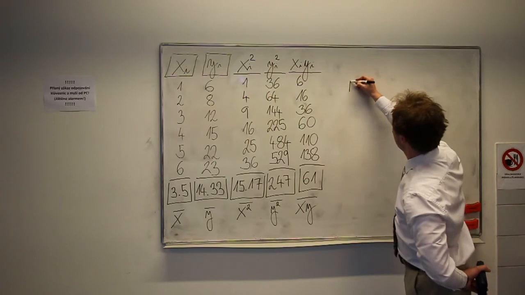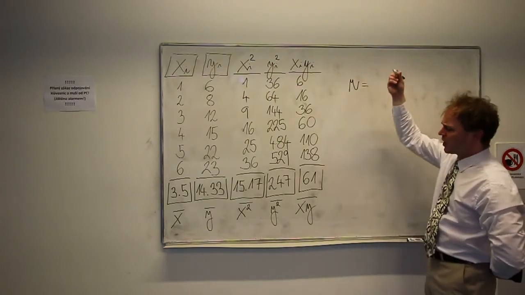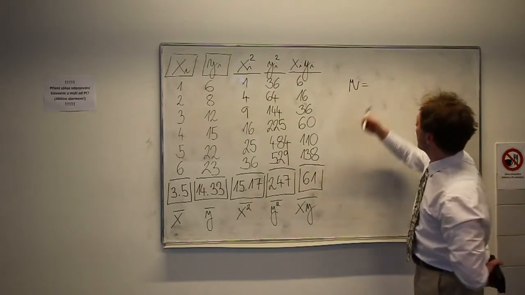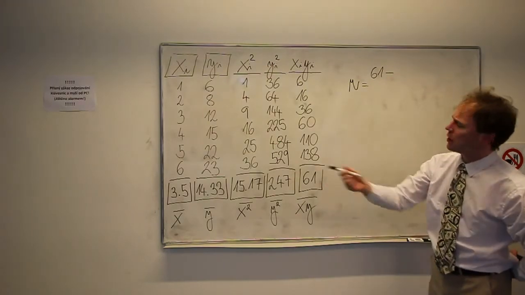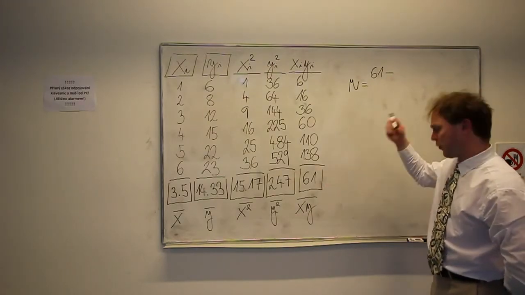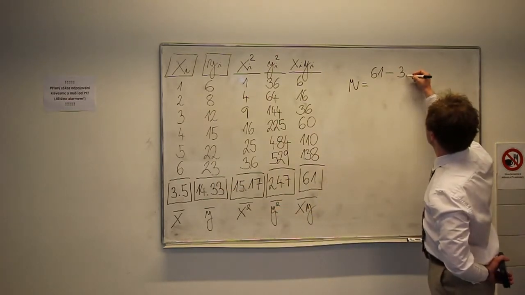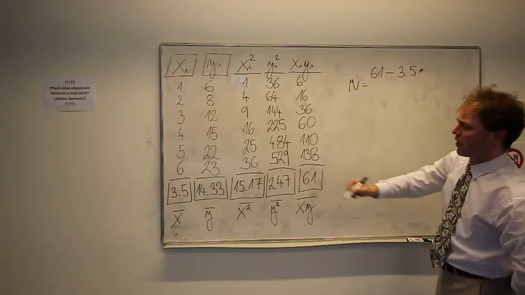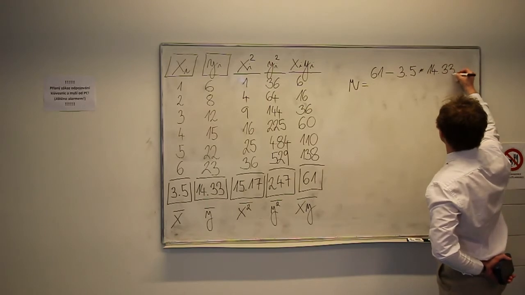So, if you remember, the correlation coefficient has in numerator the xy mean, so 61 minus the multiplication of the mean of variable x, so 3.5, times the mean of variable y, 14.33. Yes?